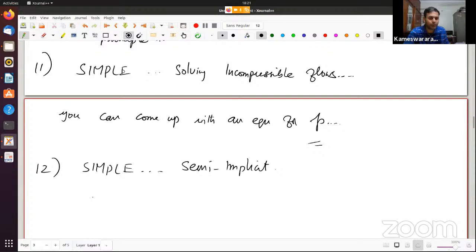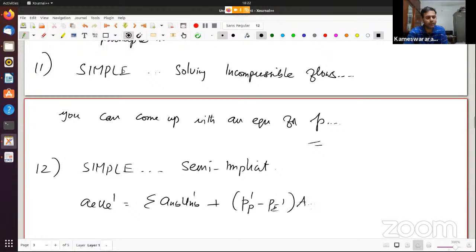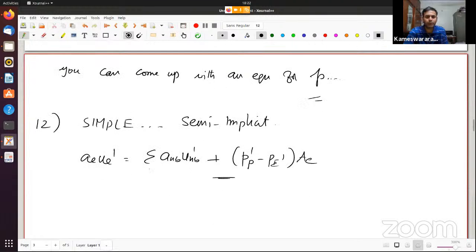So basically, when you write the equation for the velocity corrections, we have written it as A_e u_e' equals sigma A_nb u_nb' plus some contribution coming from (p_P' minus p_E') times some A_e, right. In this, what we said is the velocity correction for the corresponding east face is not coming from the neighbors, right. We said this is equal to 0.